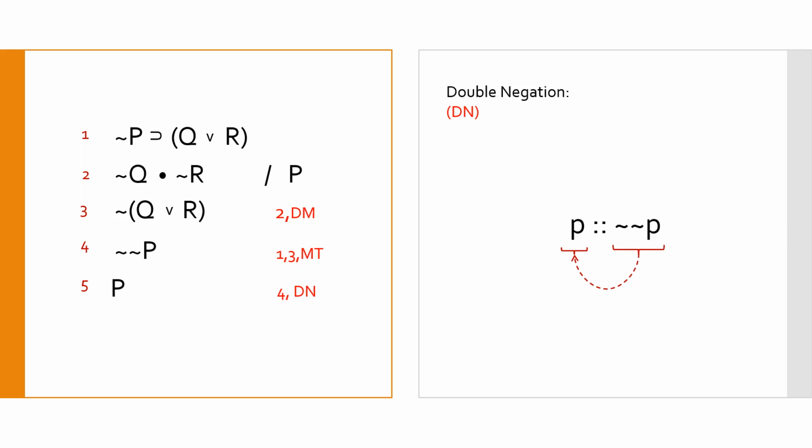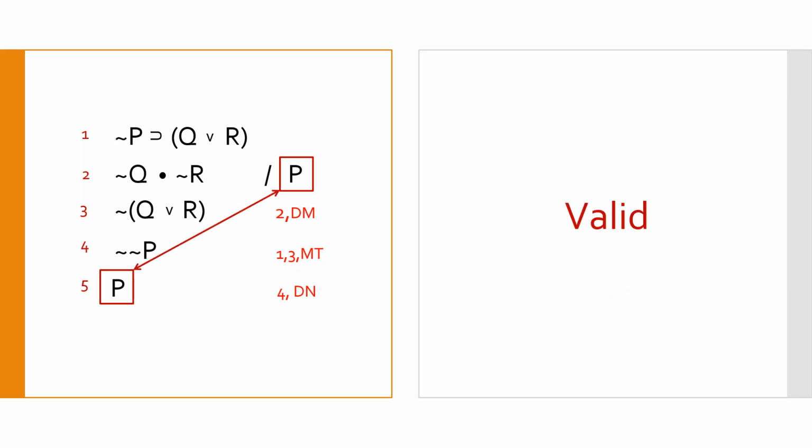Not not P is the same thing as just saying P, and P is just the same thing as saying not not P. And so based simply on the rule of double negation, using line 4, we can now get our conclusion, which is just P. And what we've done then is using 2 new rules plus modus tollens, shown that this is a nice valid argument.